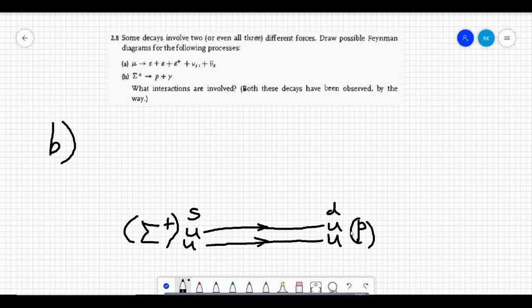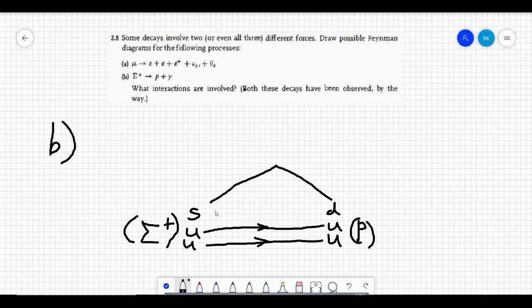So now we need to find a way to connect the last quark for the proton and the sigma plus particle. And we also have to tack on a photon at the end on the right side of this interaction. So how can we do that? Well, we have quarks of 2 different flavors here. And so our first instinct would be, okay, let's connect them together via the charged weak interaction, because we know we can do that. However, there's one thing that's preventing us from doing that, and that's the conservation of charge.